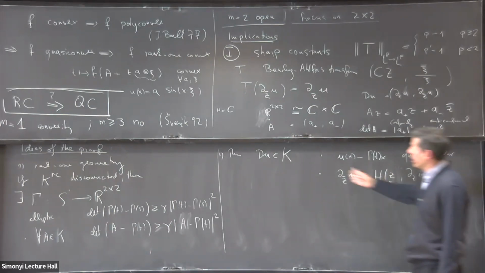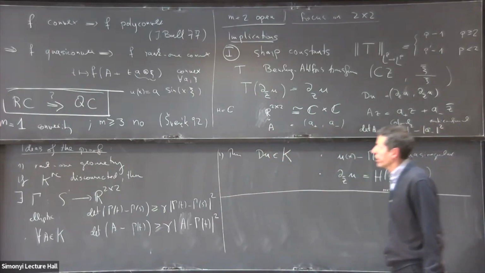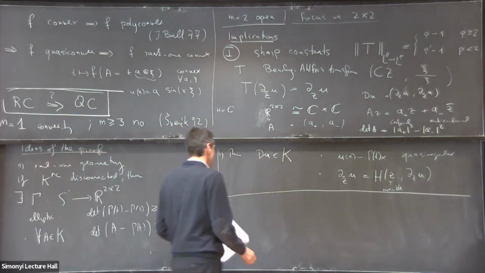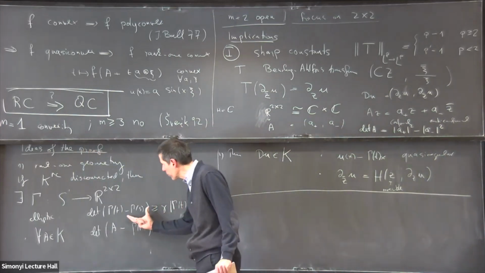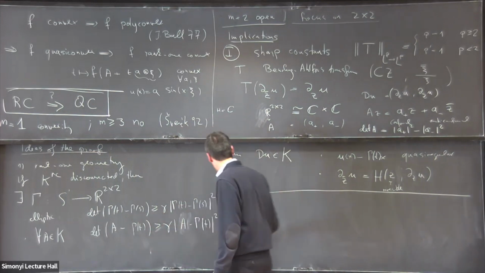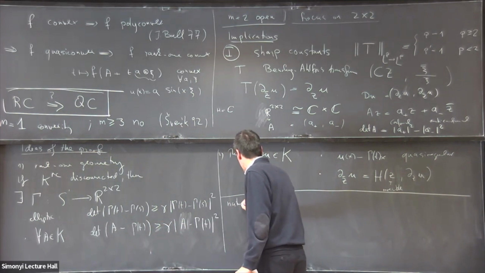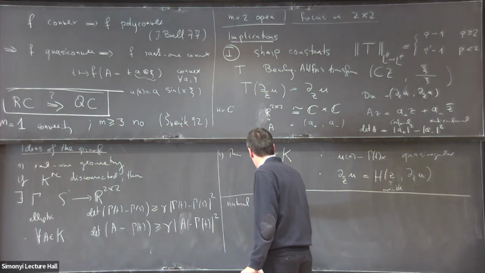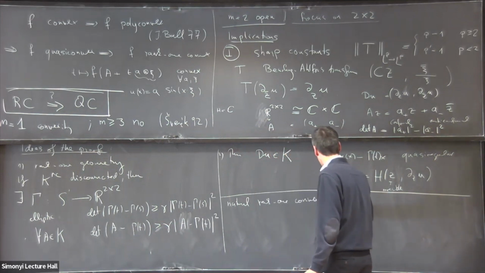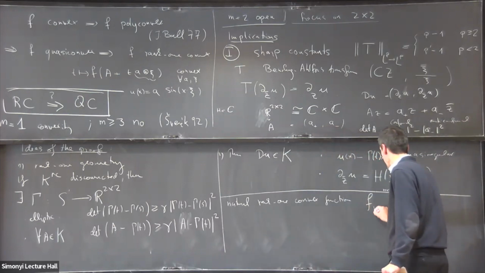Now the connection to Morrey's conjecture and Burkholder's construction is the following. There is a natural rank 1 convex function associated to this type of set, which I will call F gamma.